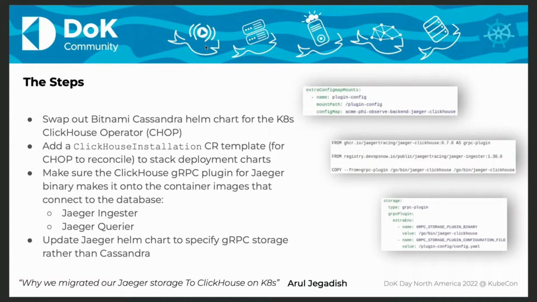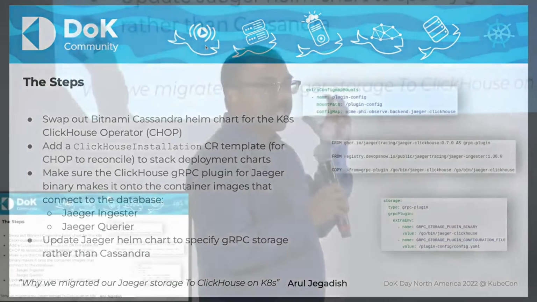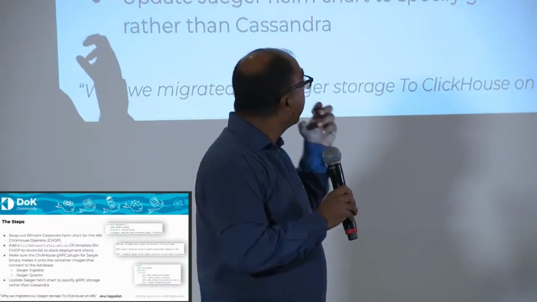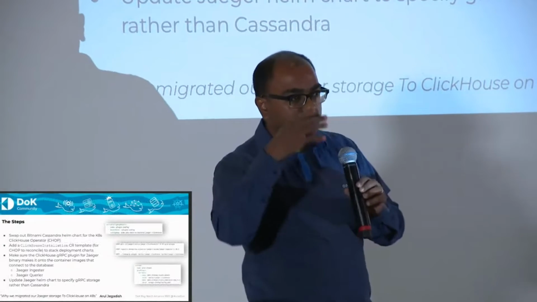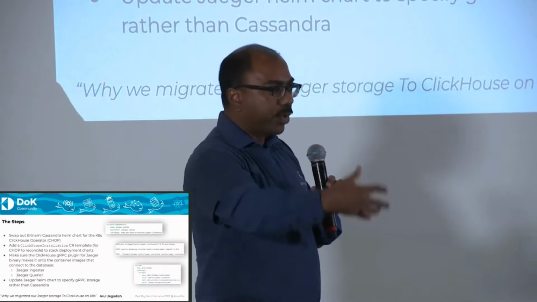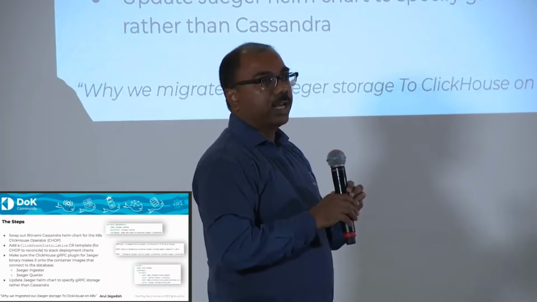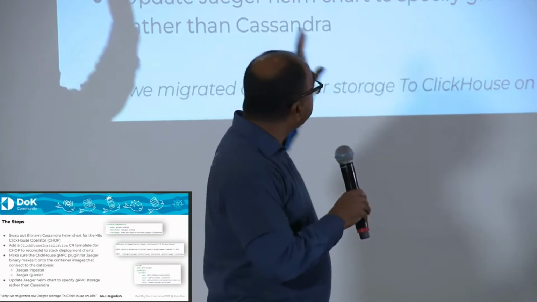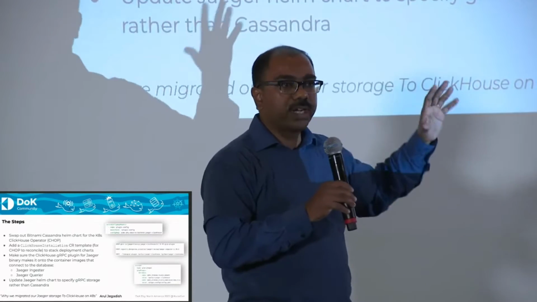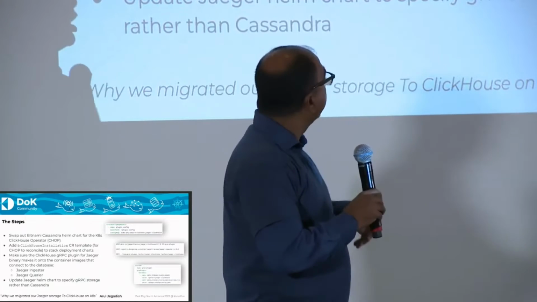The other aspect is that we use Argo CD to run our entire platform. So in this case, the steps are about making changes to the Argo CD configs to swap Cassandra out and bring ClickHouse in. Bringing ClickHouse in is basically through the ClickHouse operator custom resources.